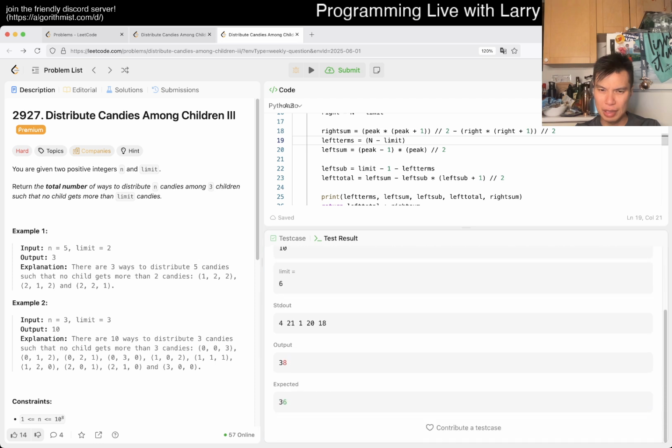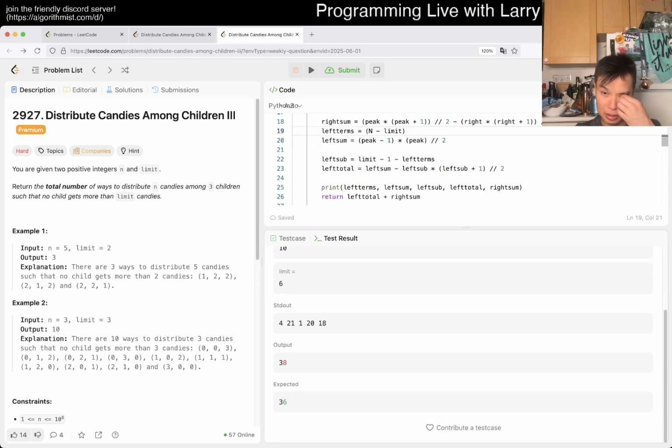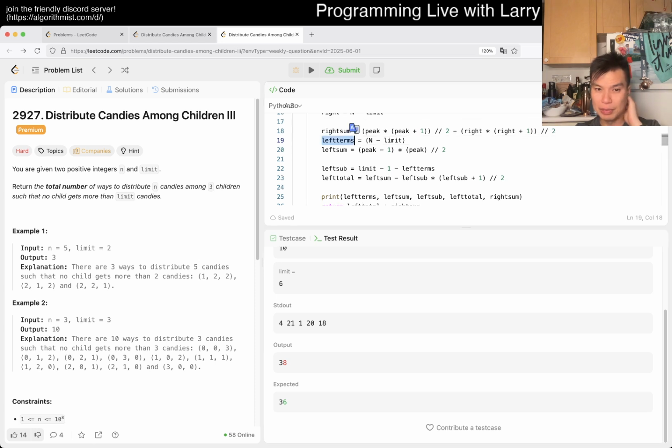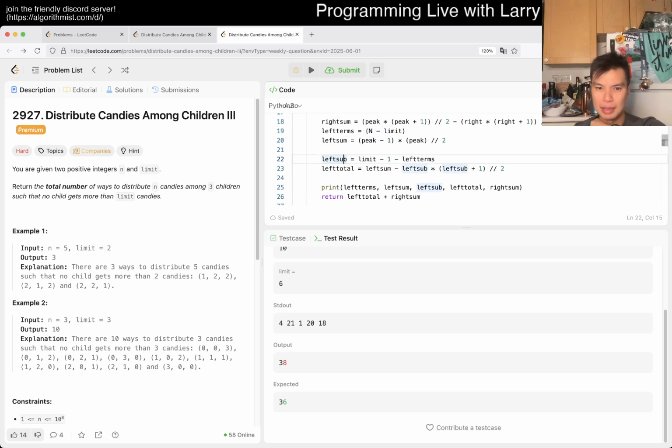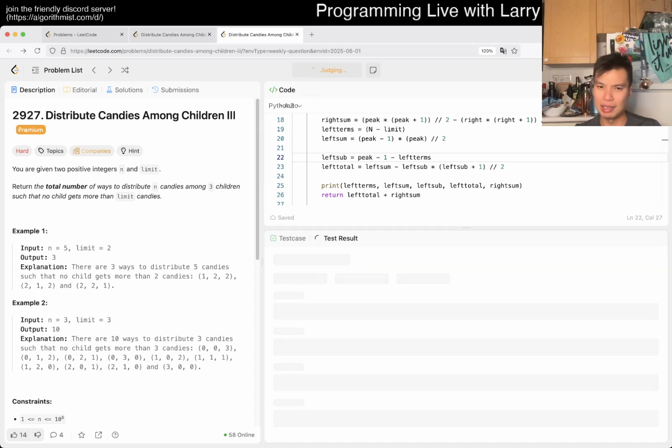Okay, still not right. We have 4 terms. The sum goes to 21. Left terms is 4. Left sub is 1. So this is wrong. Oh, because this is peak minus 1. I think that's why. And peak minus 1 is limits.